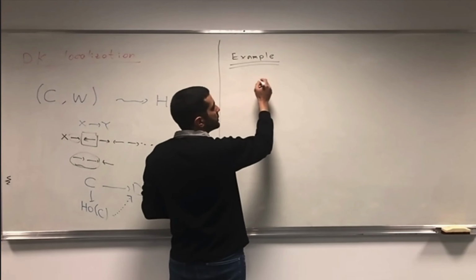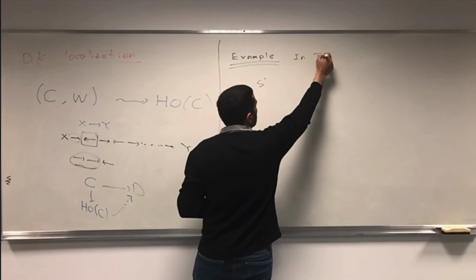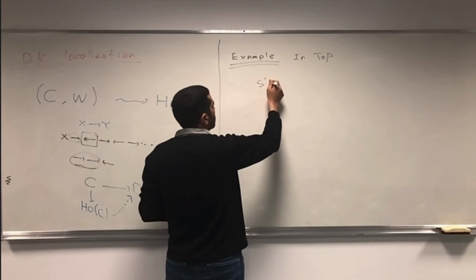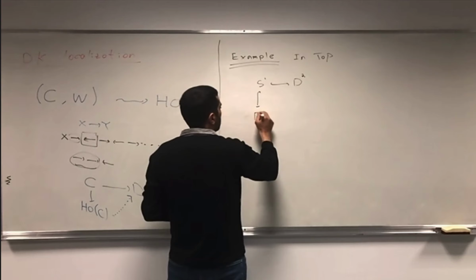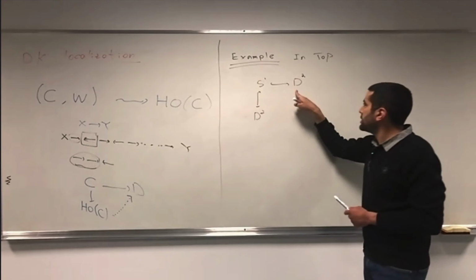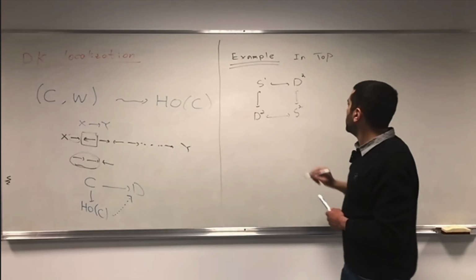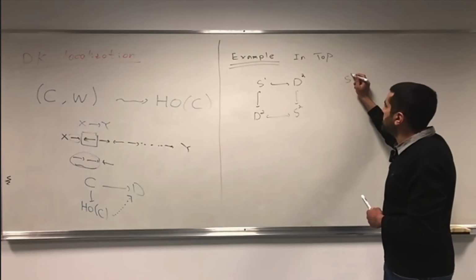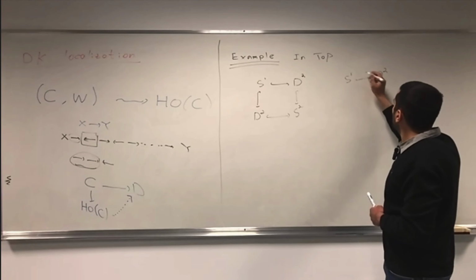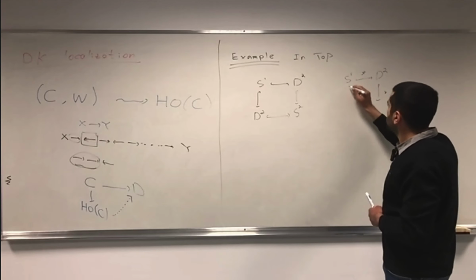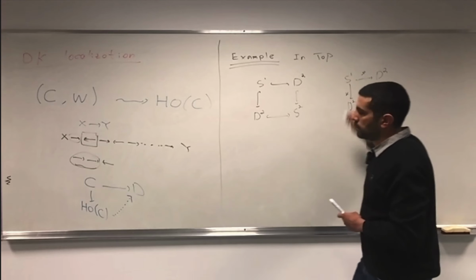In Top, we are given the following square. This is the circle, this is the disk, and here is the sphere. And the other one is this, or we can put all points here.